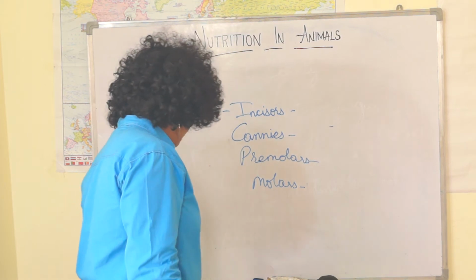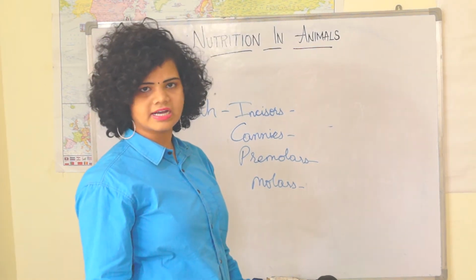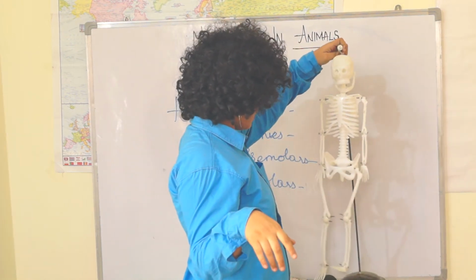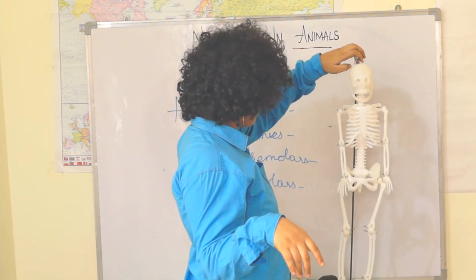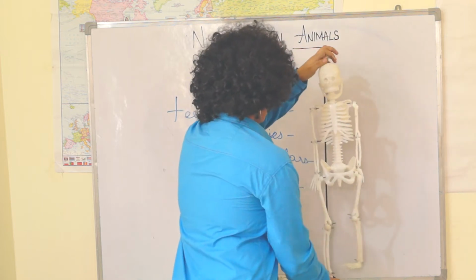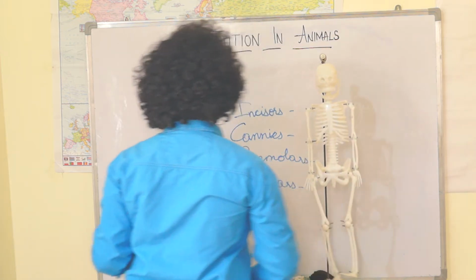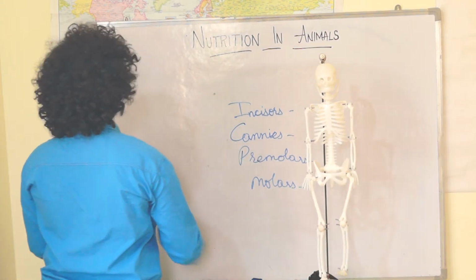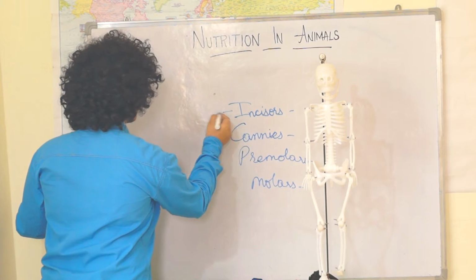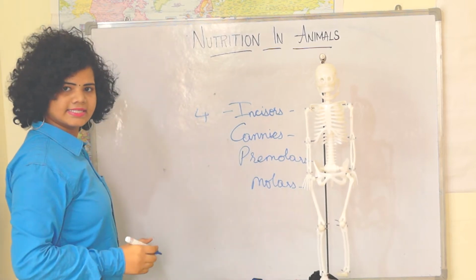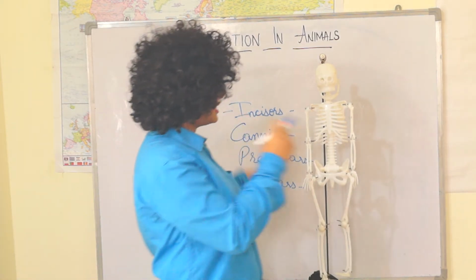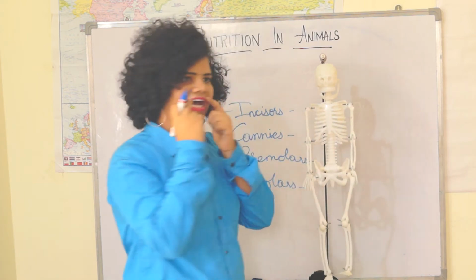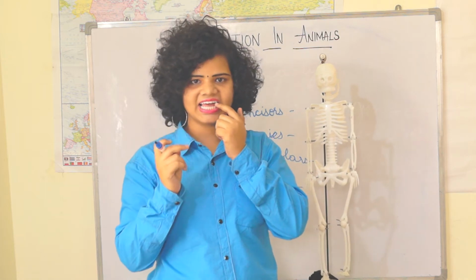How many incisors do we have in one jaw? One jaw consists of 4 incisors. We have 4 incisors, and you can see the sharp teeth on the edge here and right here.